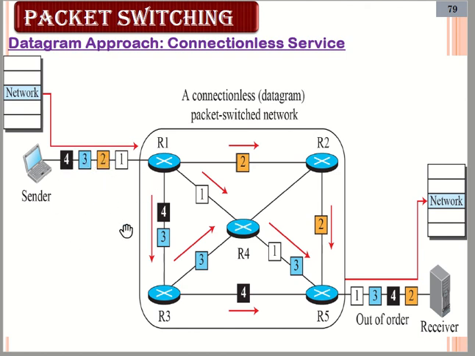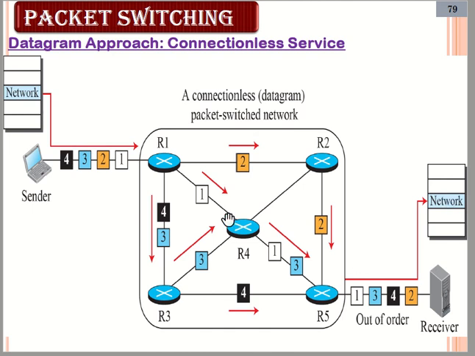Packet 1 comes to router R1. Since R1 finds this path is free, it forwards the packet to router R4, and R4 sees that this is the best path and forwards it to R5. From there it is sent to the network layer of the receiver.